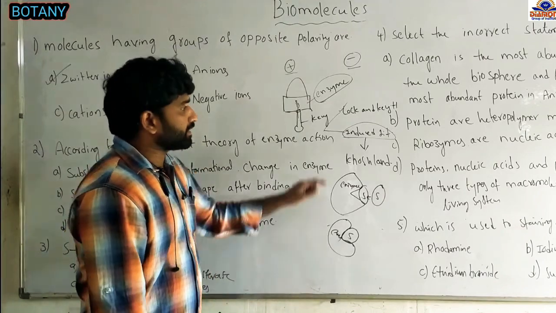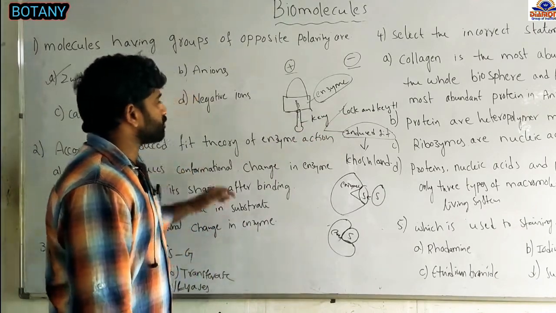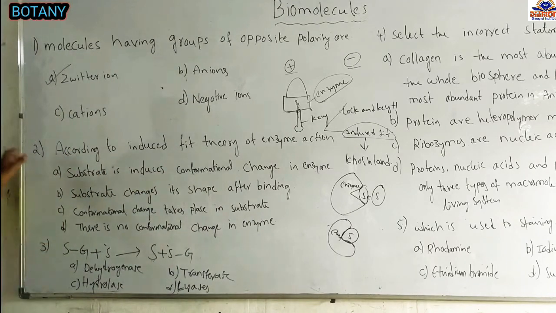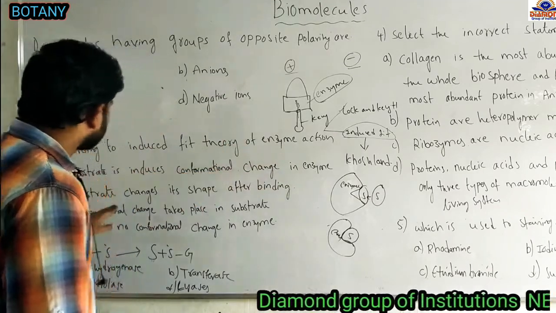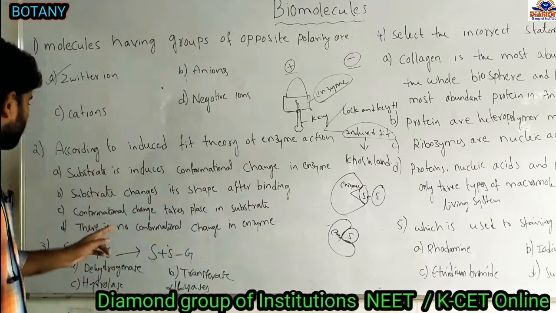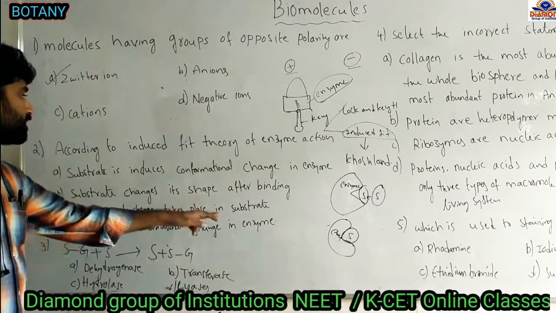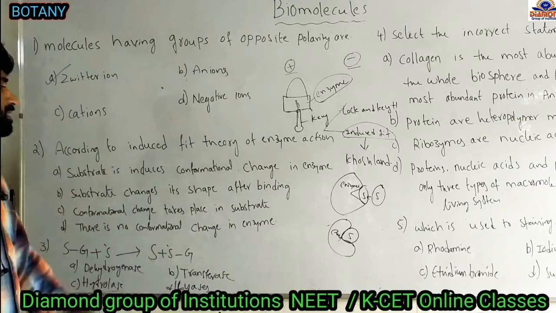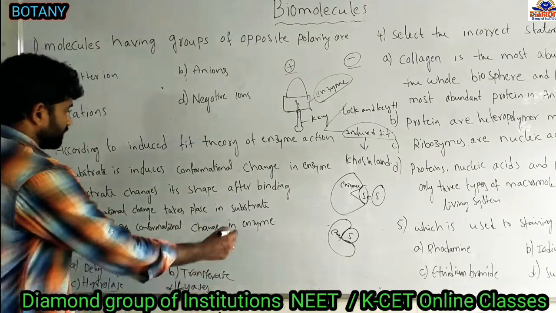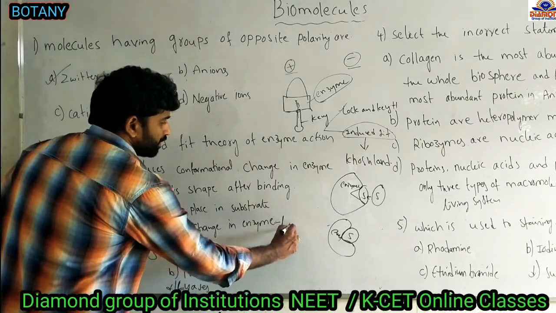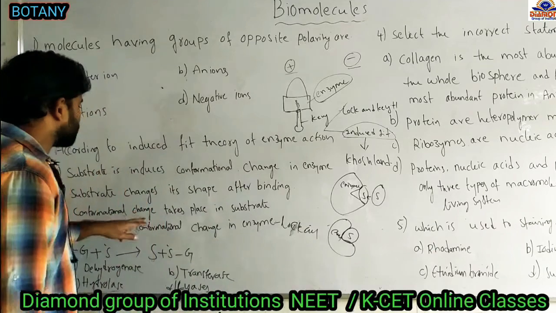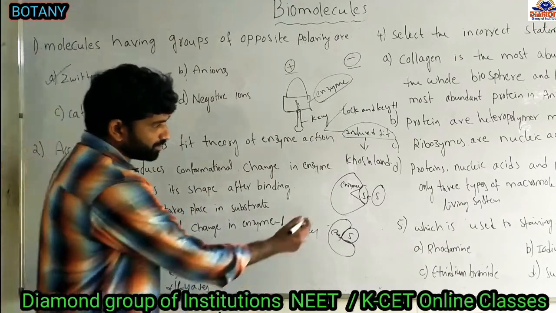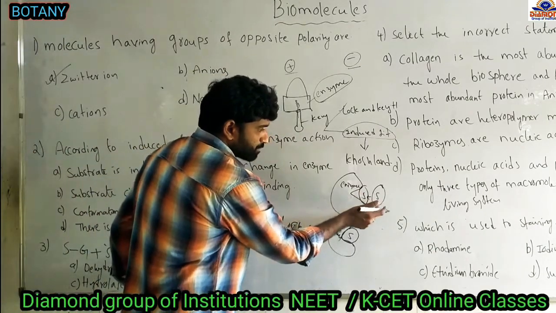So the question is asking about the induced fit model: according to the induced fit theory of enzyme action, the substrate induces a conformational change in the enzyme. If there is no conformational change in the enzyme, that is the lock and key model. See now, here is the structure of the substrate.